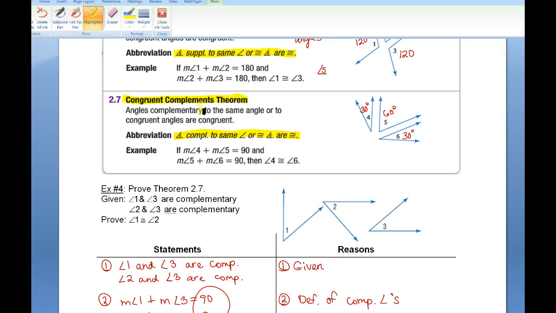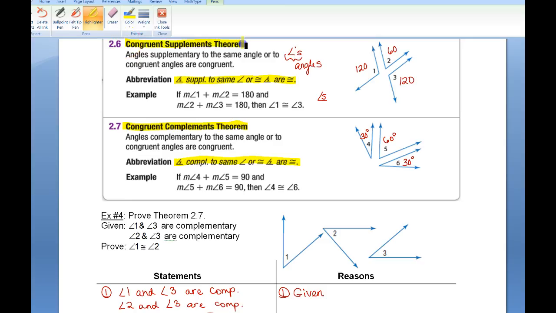Oh, because we already proved it over here. We proved it, so we wouldn't have to do it again. If you encountered a problem where you had complementary angles to the same angle, you could go right to this conclusion. And it's the transitive. No, it's the congruent complement theorem.